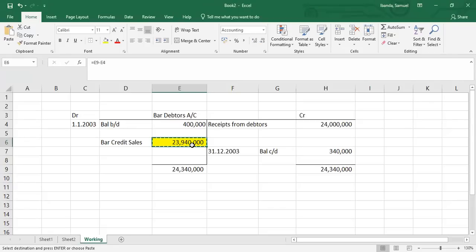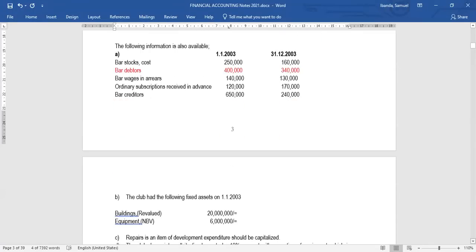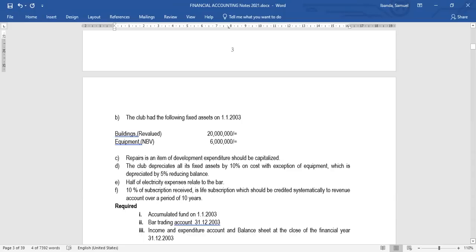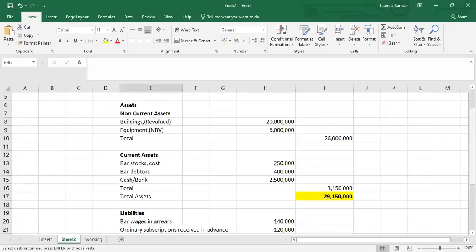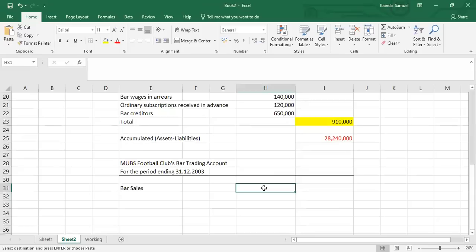So when you look at the question, it basically didn't give us any direct cash sales. So when we are going into our bar trading account, what we are going to use is the value that we've just gotten, which is our credit sales. So under our sales value, the bar sales, we use that value, 23,940.